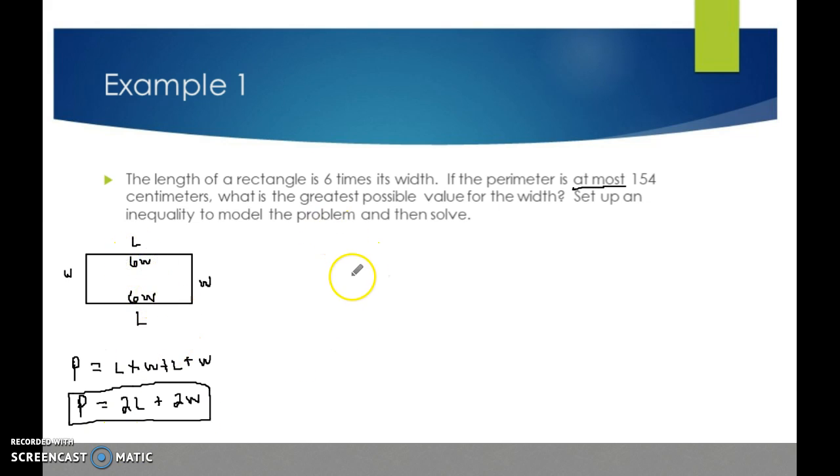So in our initial equation for the perimeter, instead of L, we can use the expression 6W, because that is what we're using to represent the length. Instead of L, we'd set it up as 6W for our length plus 2W for our width. And now it says the perimeter is at most 154, so 154 is what we put in for P.